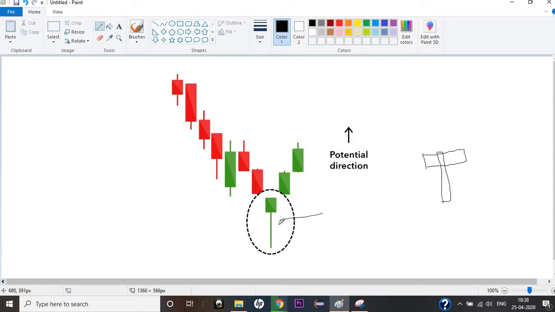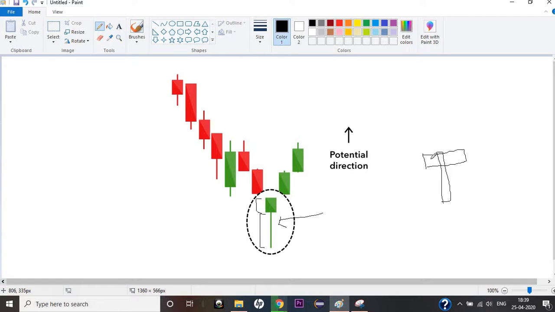If you look at this candlestick, this is a hammer candlestick where you have a shadow below, which is the handle of the hammer, and then you have a body. One thing to note, guys, on the top of the body you won't have any shadows, so there will be no shadow on the top of it. That's a mandatory thing.